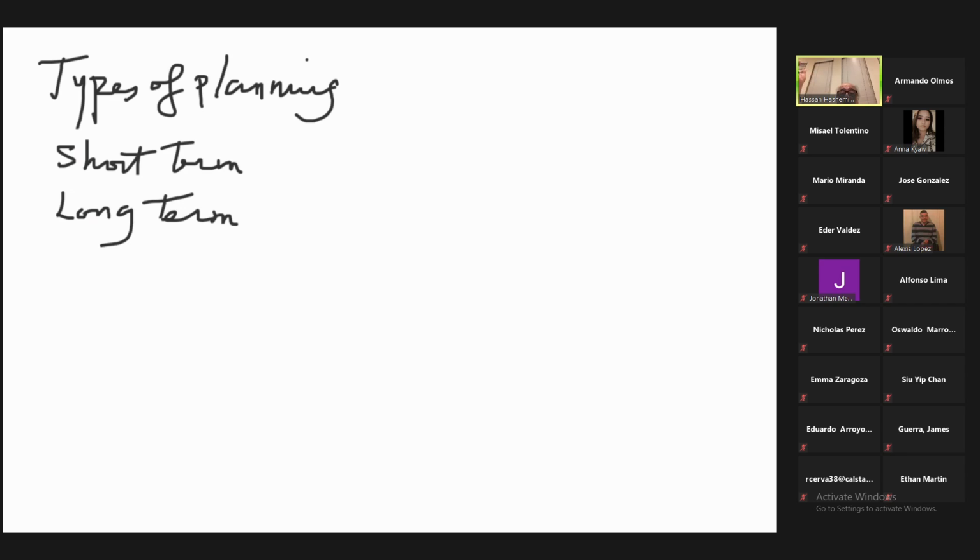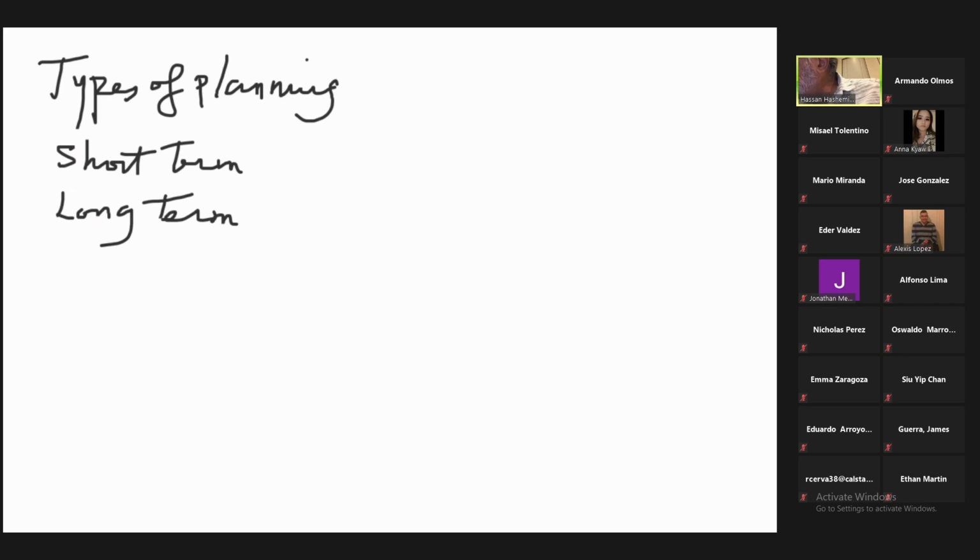But what is long-term planning? Long-term planning usually is between 25 to 40 years. So if I want to build a highway, that will be long-term planning. So I have to do that long-term.